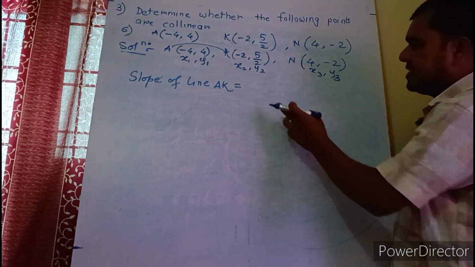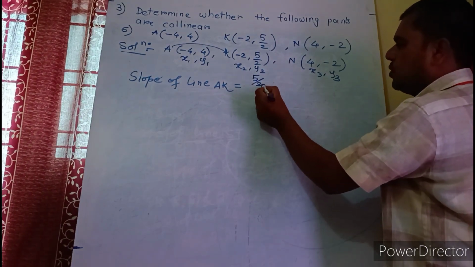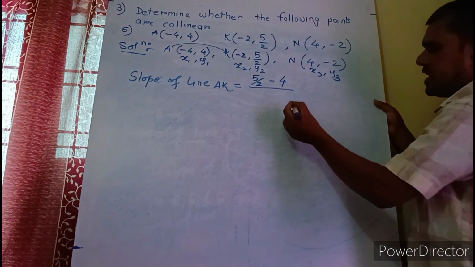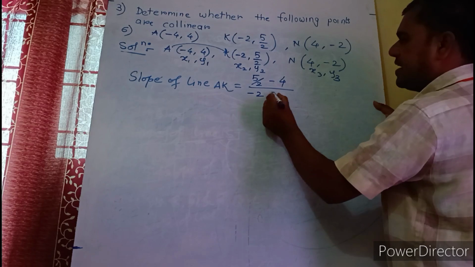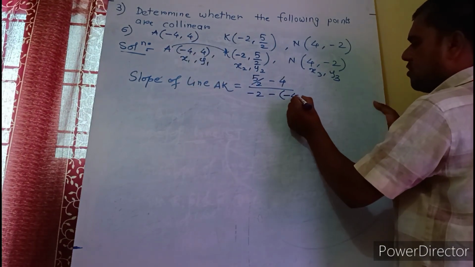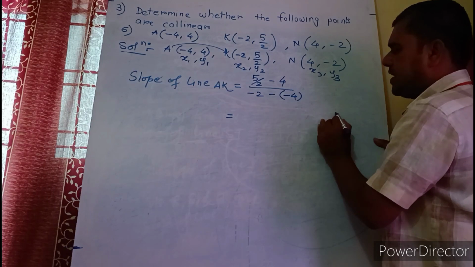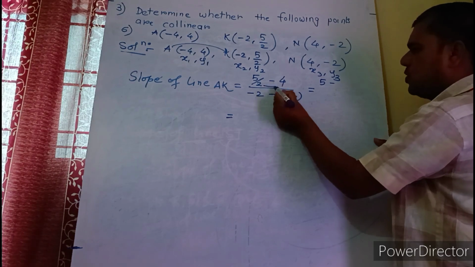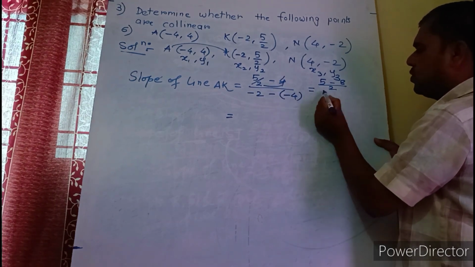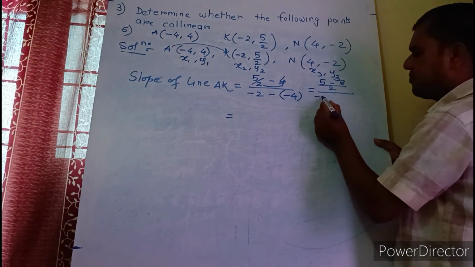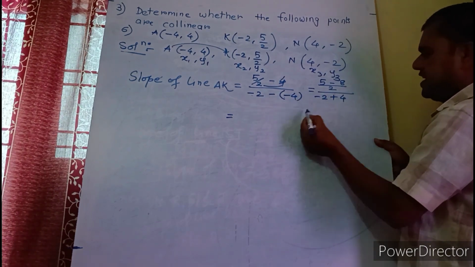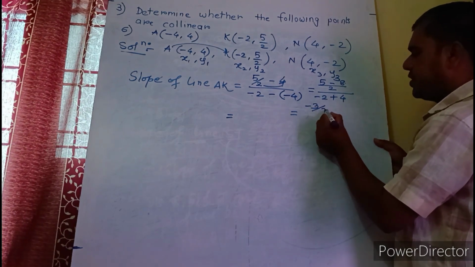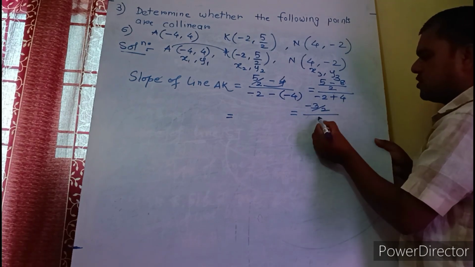By putting the values, y2 is 5 by 2 minus the value of y1, which is 4, divided by x2 minus x1, which is minus 2 minus minus 4. This is equal to (5 minus 2 into 4, that is 8) divided by 2, divided by minus 2 plus 4. That is 5 minus 8, that is minus 3, divided by 2, divided by minus 2 plus 4, that is 2.